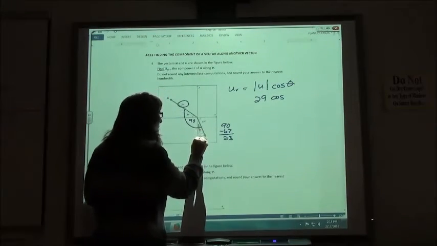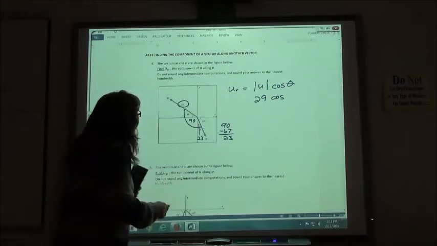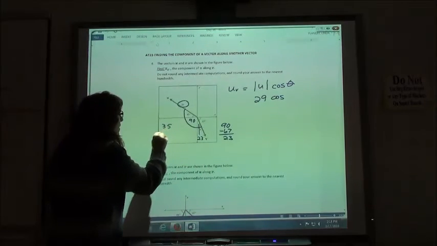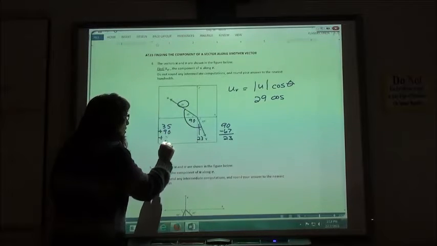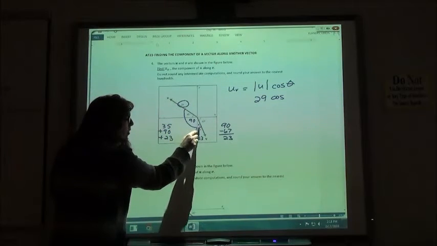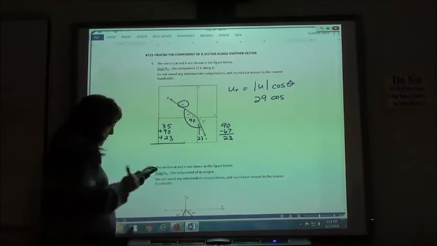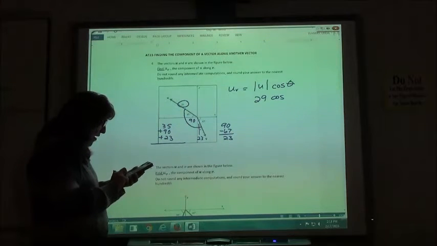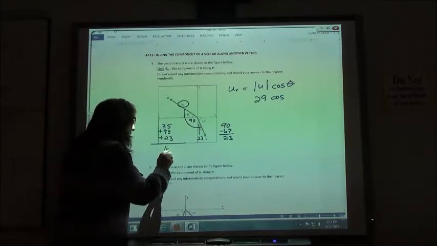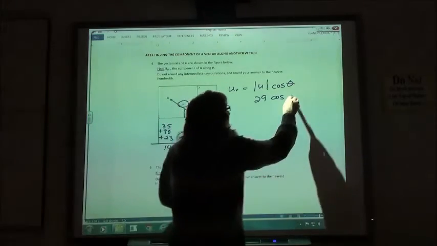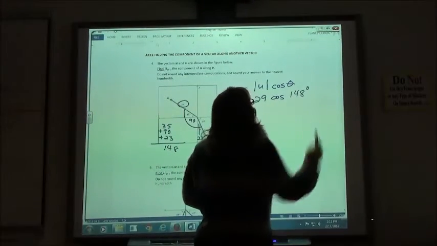So that little angle is 23. I'm going to have 35 plus 90 plus 23 to get all the parts of my angle, which is 148. So I'm going to have 148 degrees up there.